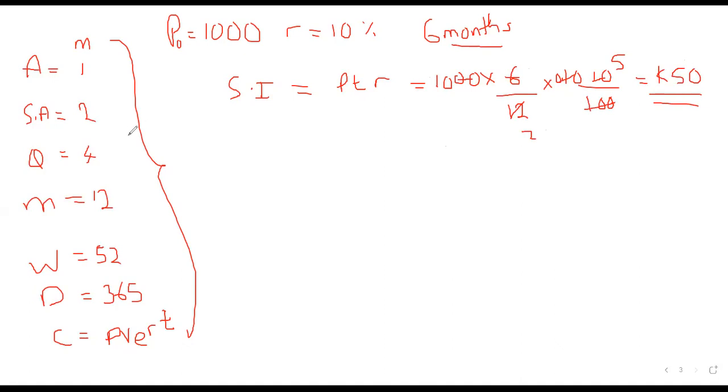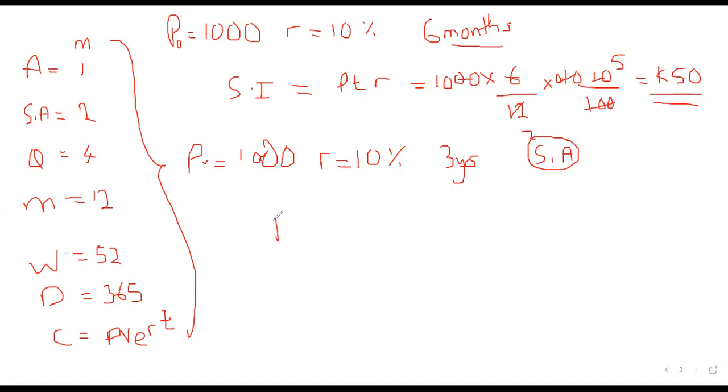Now, suppose you are told that you have the present value, the same, which is 1,000, at the same interest rate of 10% for 3 years. But we're getting interest semi-annually. Semi-annually means you're getting interest twice a year.